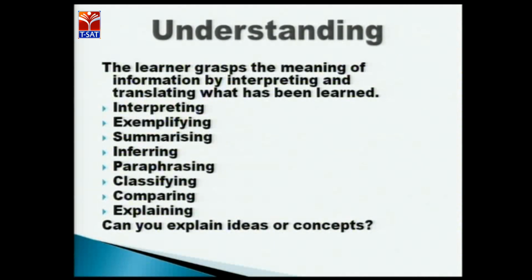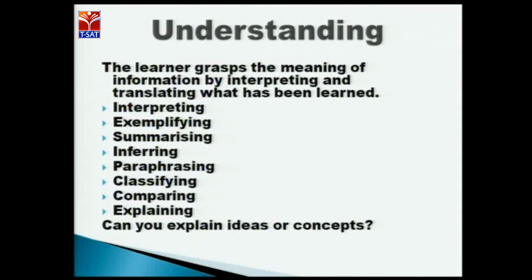So next comes understanding. What do you mean by understanding in the cognitive domain? The learner grasps the main meaning of the information by interpreting and translating what has been learned.